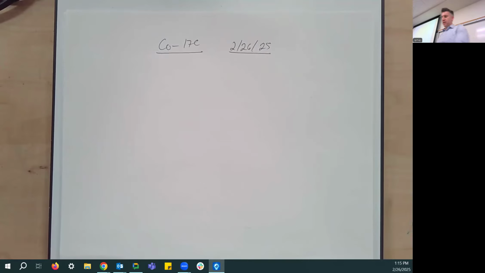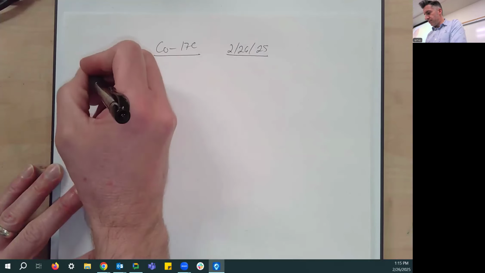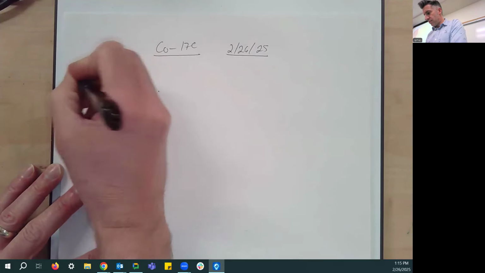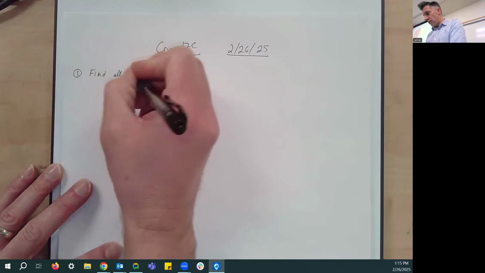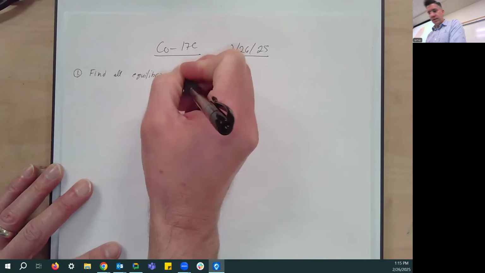Let's look at this system. We're going to find all equilibria of the system.